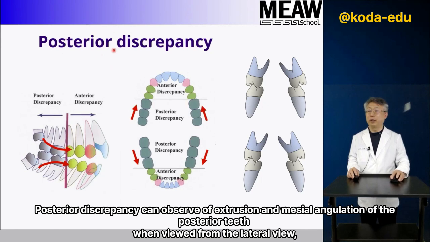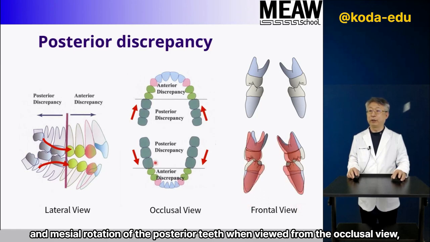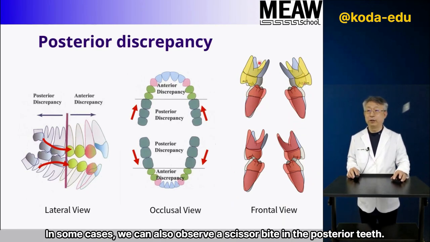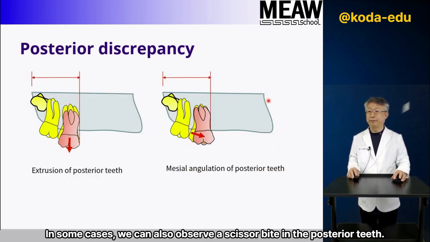Posterior discrepancy can be observed as extrusion and mesial angulation of the posterior teeth when viewed from the lateral view, and mesial rotation of the posterior teeth when viewed from the occlusal view, and the curve of Spee or lingual torque of posterior teeth when viewed from the frontal view. In some cases, we can also observe a scissor bite in the posterior teeth.